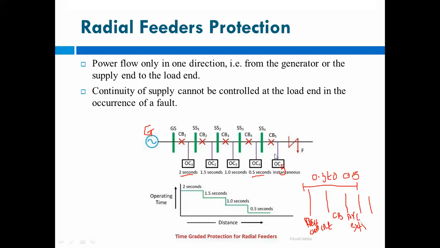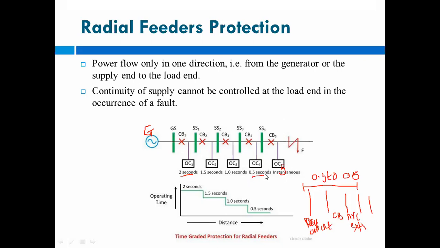Suppose a fault has occurred in the system, and the nearest relay to the fault is OC5. If this OC5 fails to operate, then OC4 will act there. The time of operation of OC4 is 0.5 seconds.